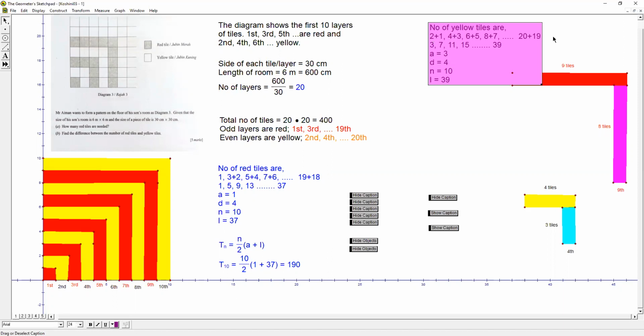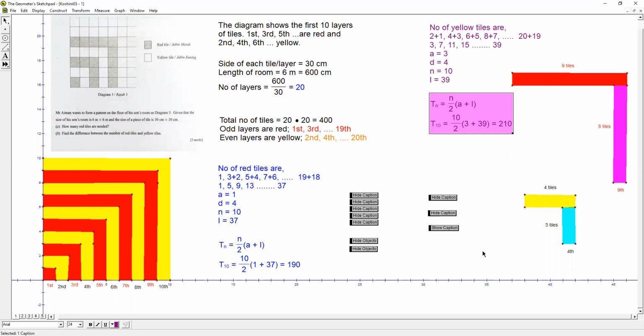How many terms are there altogether? 10. What is the last term? 39. So using the same formula, I substitute all these numbers into this formula, n over 2 (a plus l), I also get 210, right?